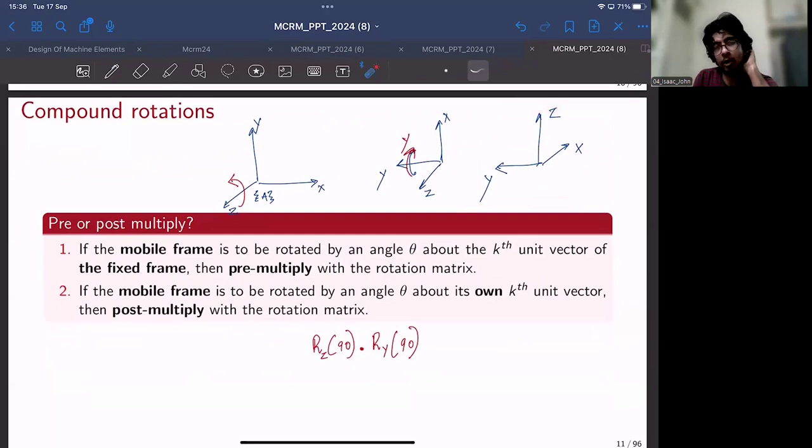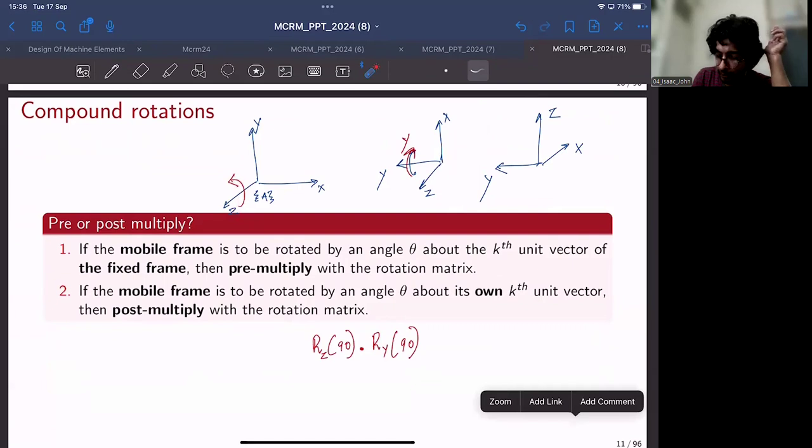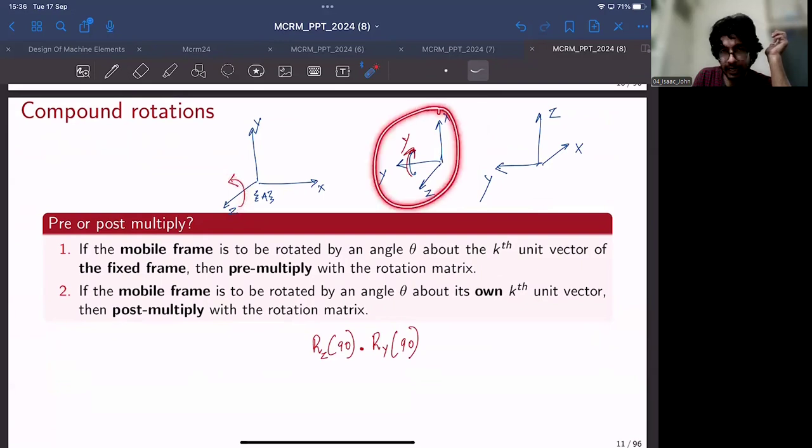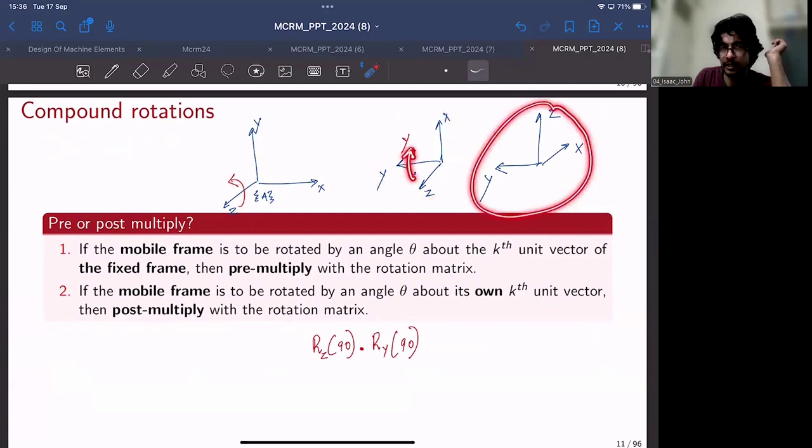What I have done is made all the rotations with respect to the current axis, right? If I rotate with respect to the z-axis, now this becomes our current axis, and I rotate that with respect to the y-axis. Now this becomes our current axis.